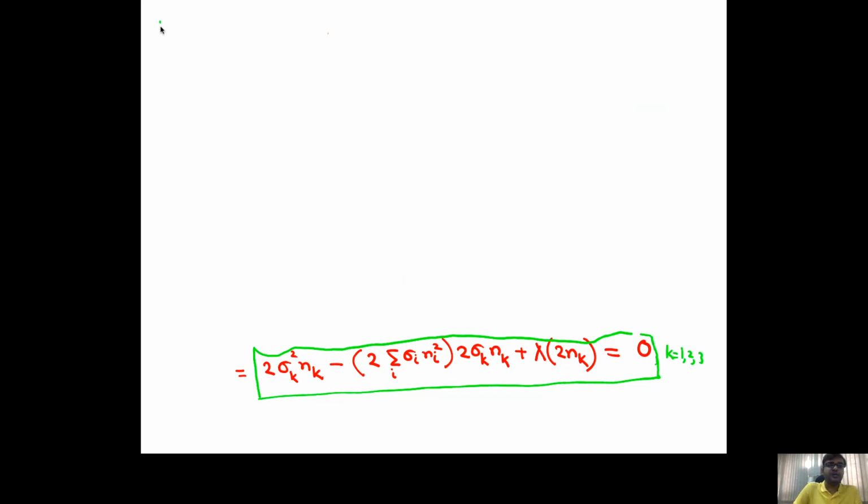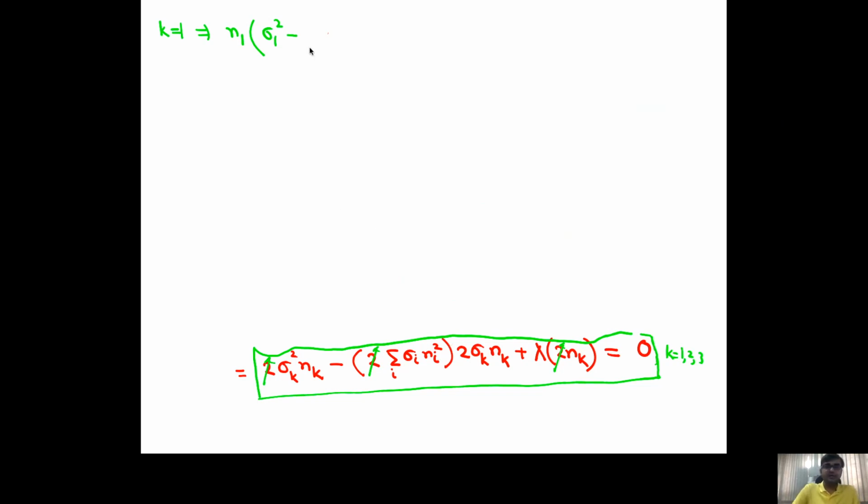First let us take k equal to 1, and what will I have? First let us do one thing. There is this 2 which I can cancel out. And there is this n_k in all the expressions which I can take outside. So for k equal to 1, it will be n_1 sigma_1 squared minus this 2 is here.